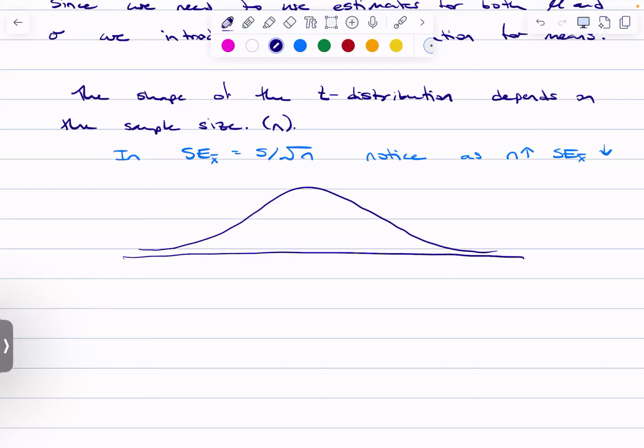It's still unimodal, it's still symmetric, it's still centered at 0. It's just that depending on the sample size, the area in the tails is going to be thicker for small sample sizes.